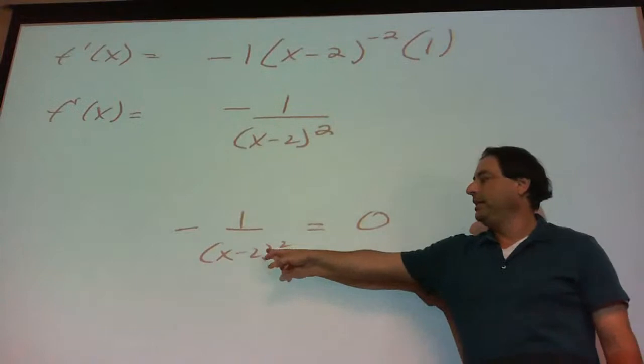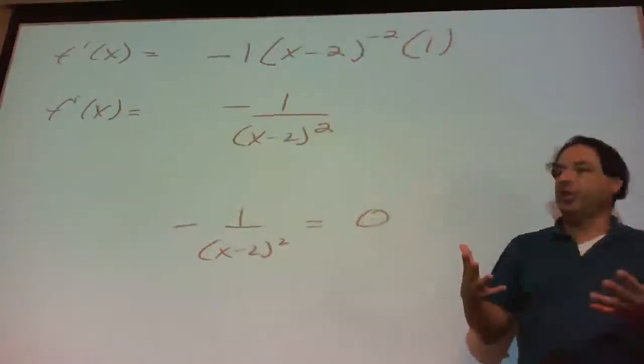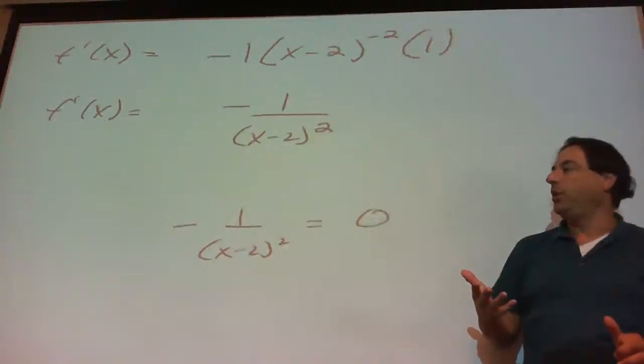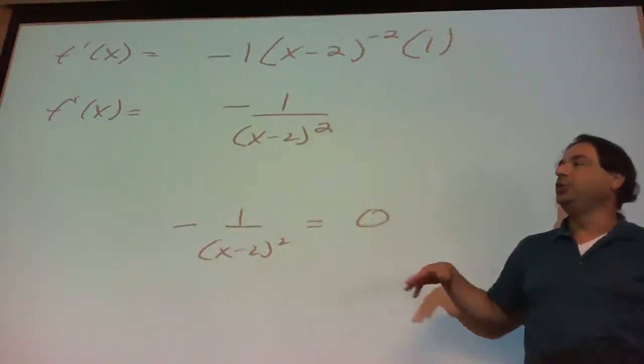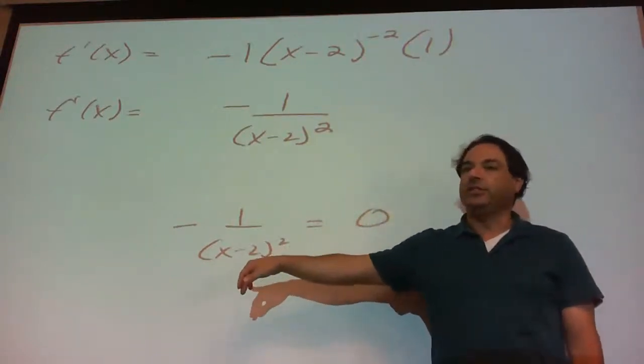The bottom line, we take that derivative and set it equal to 0. If I set it equal to 0, it will not work. If I make a proportion 0 over 1, cross multiply, the x and the 0 turns into 0. There's no x. There's nothing to solve for. So this would be no solution. Is there a number that makes it equal to 0?